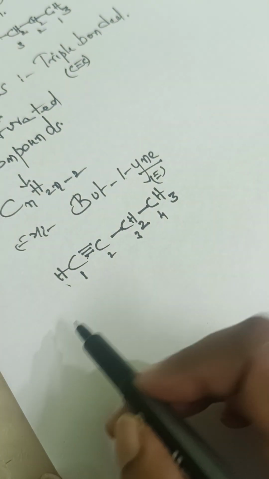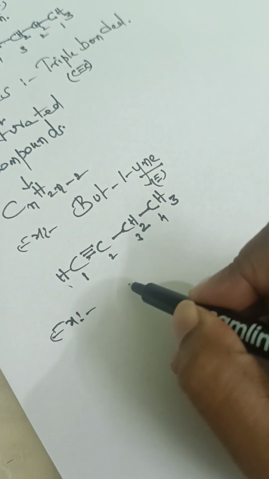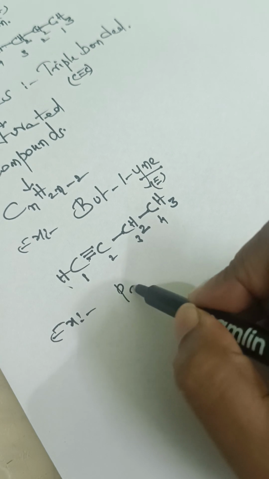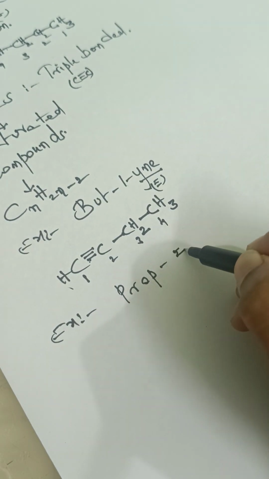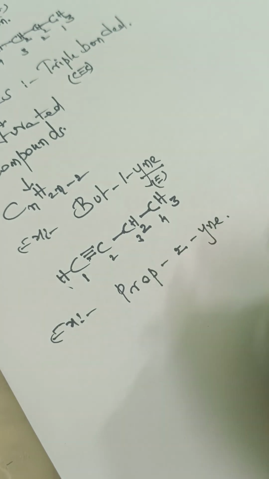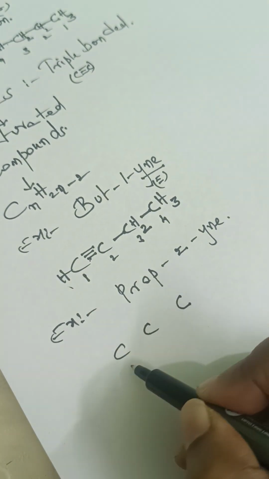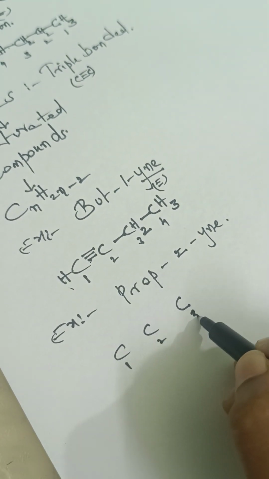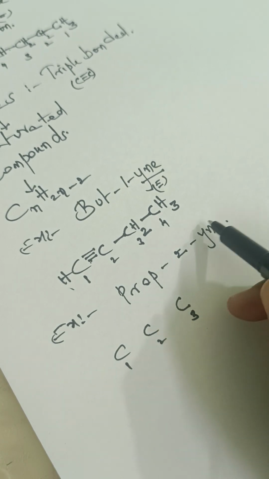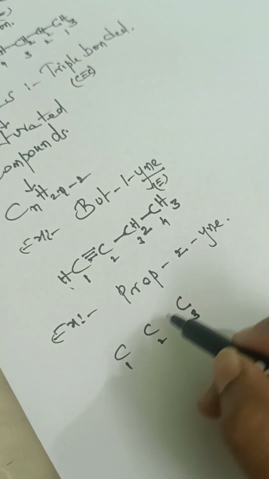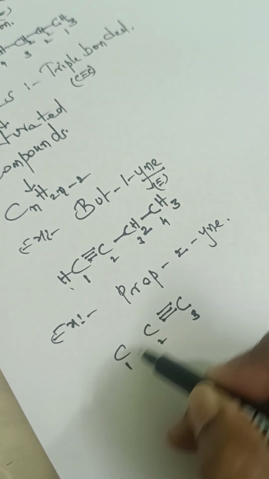Similarly, you can take one more example: prop-2-yne. Prop means 3 carbon atoms, and I am numbering the carbon atoms 1, 2, 3. Here the 2 means you place a triple bond after the second carbon.